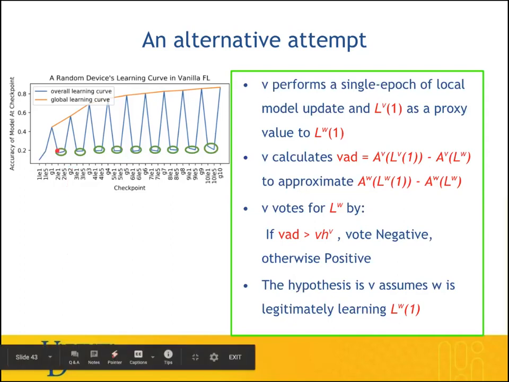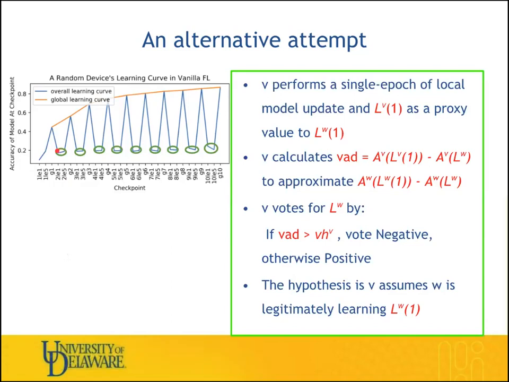Therefore, if W is indeed doing a legitimate update, this VED value should be within some reasonable range. And this range is limited by this validator threshold value.